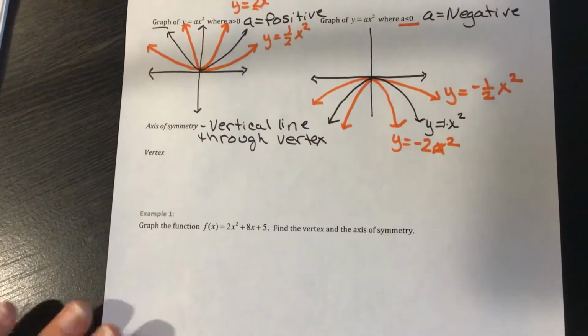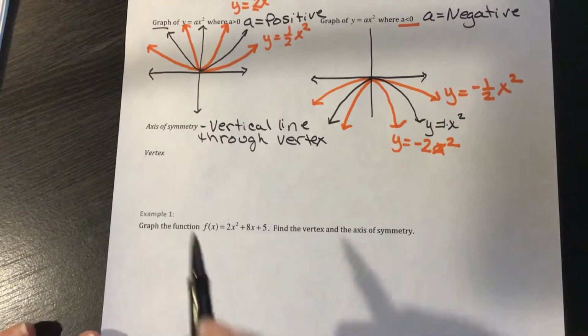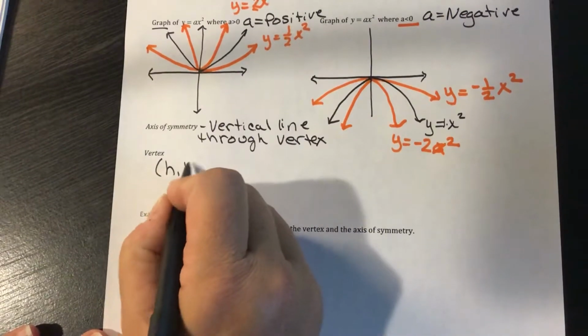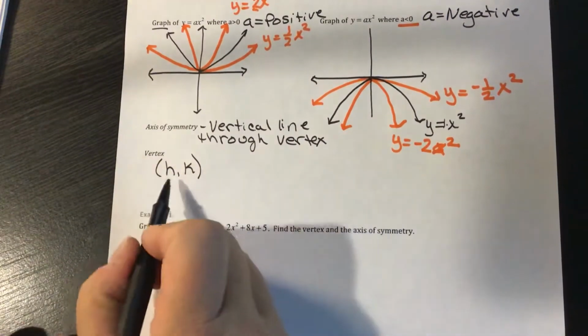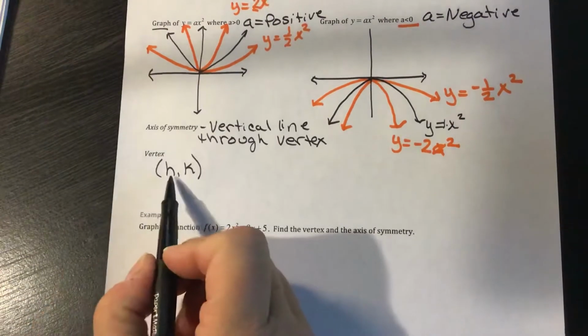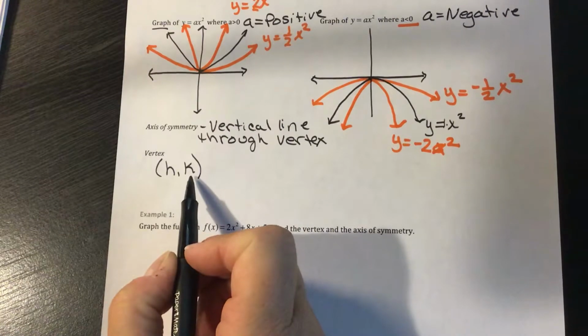Okay, so the vertex we know is the point where the parabola changes direction, and we have in the past used the value of h and k to represent the values of the vertex, where h would be the x-coordinate of that vertex and k would be the y-coordinate.